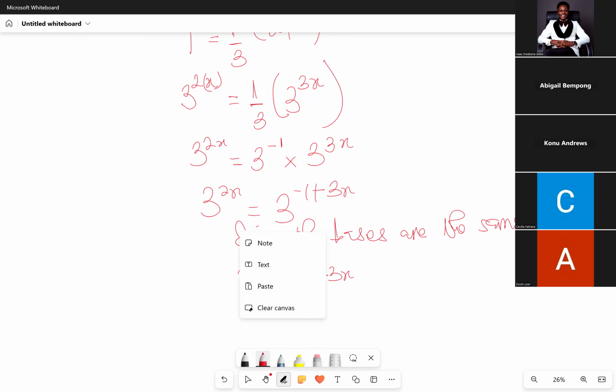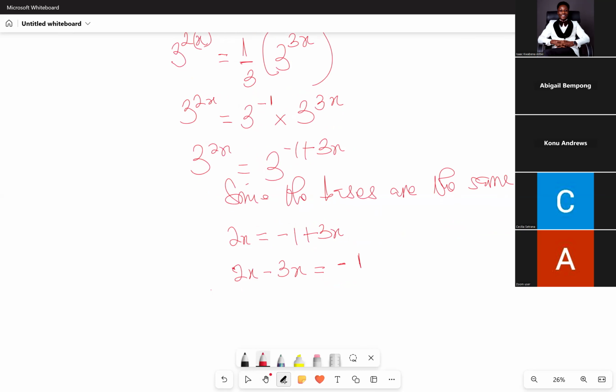So 2x minus 3x equals minus 1. 2x minus 3x equals minus x, so minus x equals minus 1. Next step, you divide through by what?